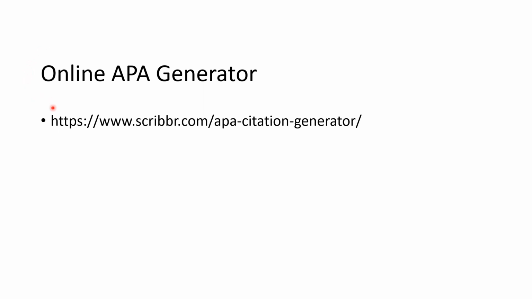Now, instead of manually inputting the details to come up with list of reference entries, you can simply input details of a reference on this website, and it will automatically generate the citation. So you may visit this website to automatically generate citations using the APA style.